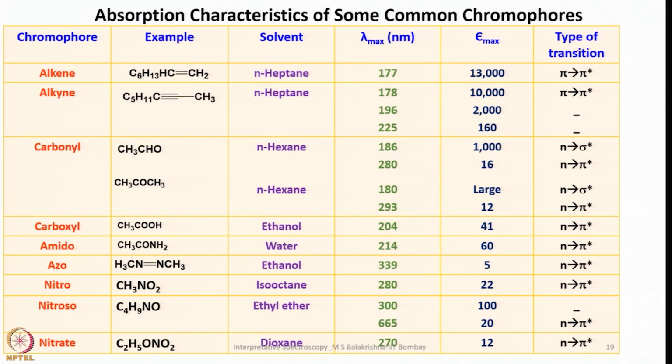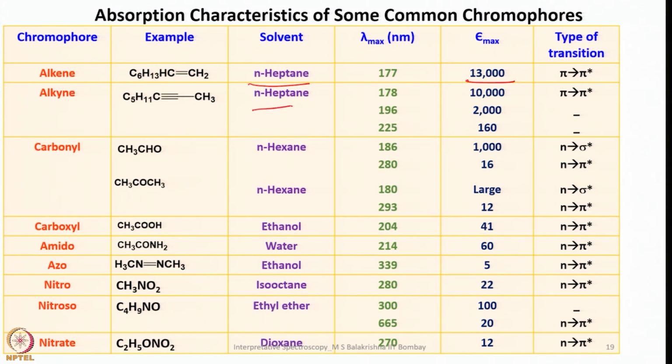So immediately we can say it should be a pi to pi star transition, and once it is a pi to pi star transition, you can anticipate little higher epsilon value. This is in the 13,000 and lambda maximum is 177 nanometer. The solvent considered is n-heptane. Then if we take alkyne, we have a triple bond, and again solvent used is n-heptane.